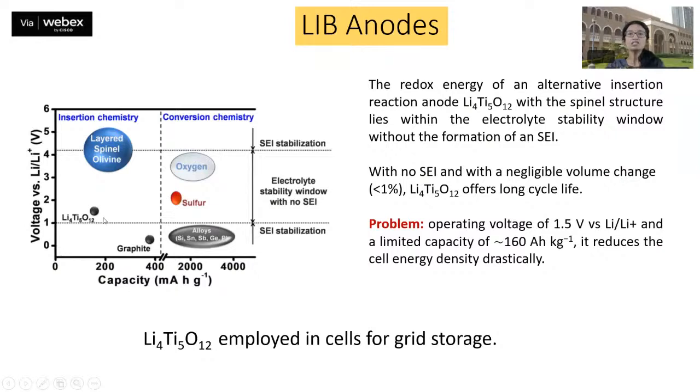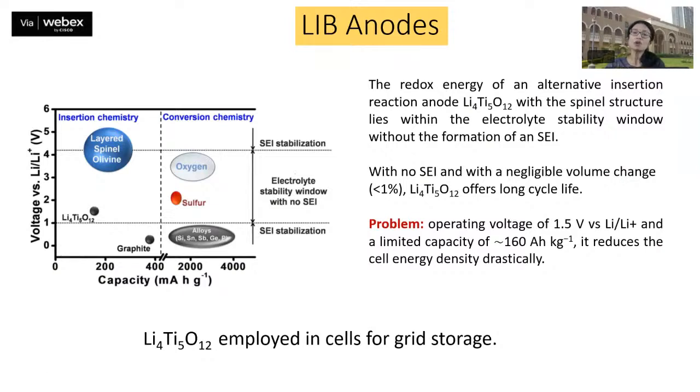If you see the redox energy of this lithium titanate, it is actually lying above the LUMO. So since it is lying within the electrolyte stability window, as you can see over here, if you are using this insertion anode, there is no formation of SEI. And if it doesn't form SEI, this is definitely one advantage because you have a minimum amount of loss of the lithium.